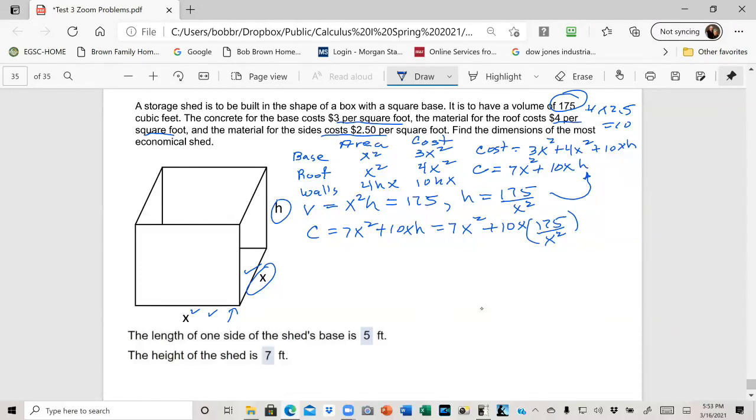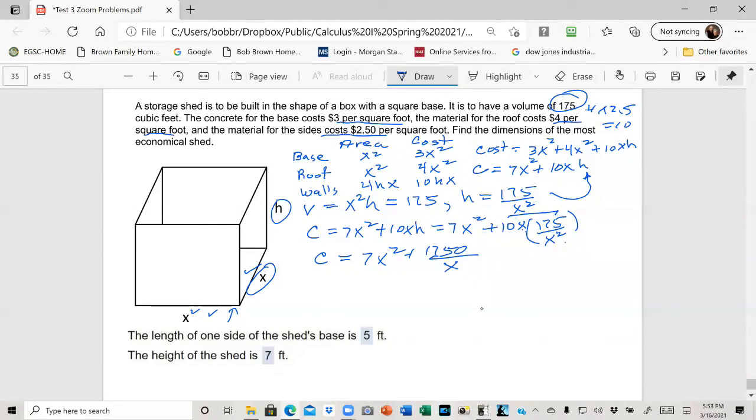So now let's multiply all this out and we get C equals 7x squared. This is going to be 10 times 175, which is 1750. x into x squared goes x times.